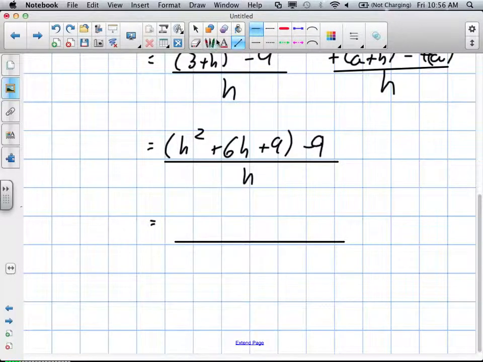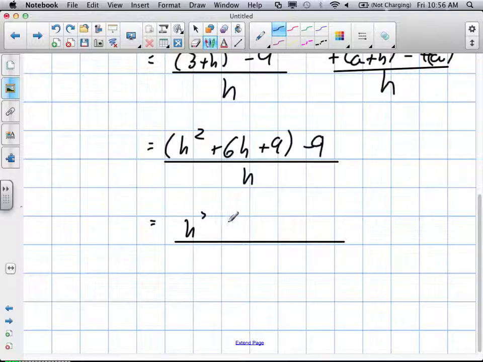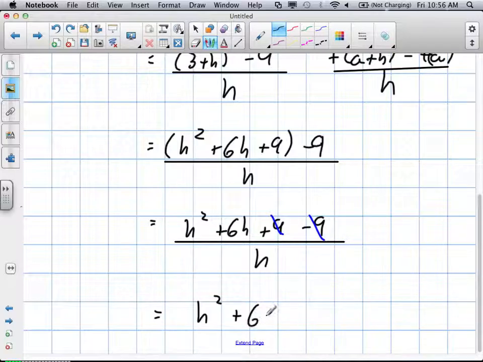When we drop the brackets off, we have h squared plus 6h plus 9 minus 9 over h. Well, positive and negative 9 are going to give us what? 0, right? So we got a 0 here. I'm then left with h squared plus 6h divided by h.